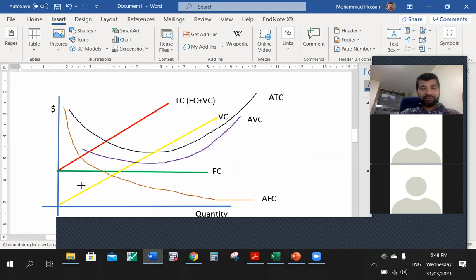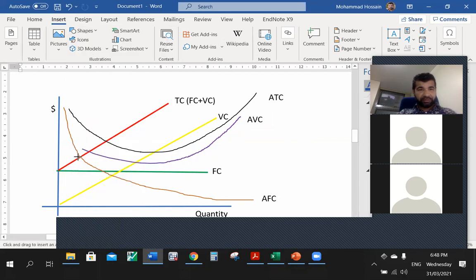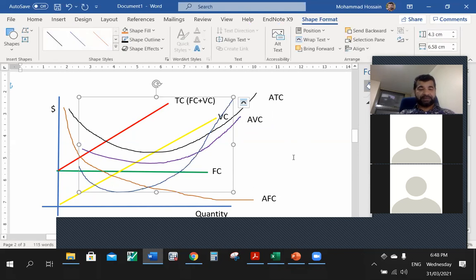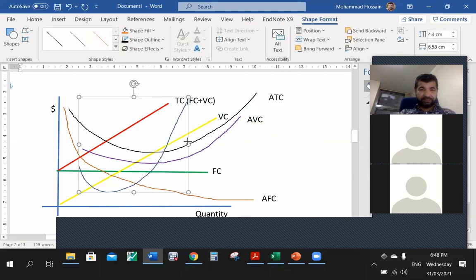Marginal cost will be like this. It will drop sharply. Oh, no. It will drop sharply. It will be sort of like Nike sign, like a tick mark, like this.